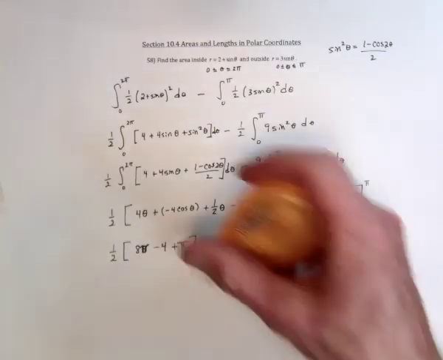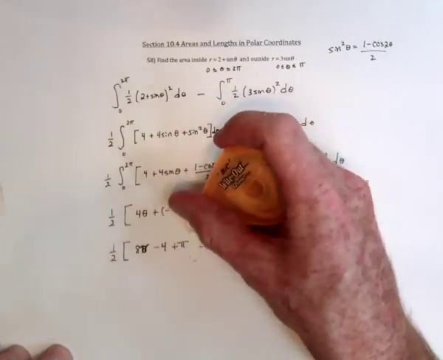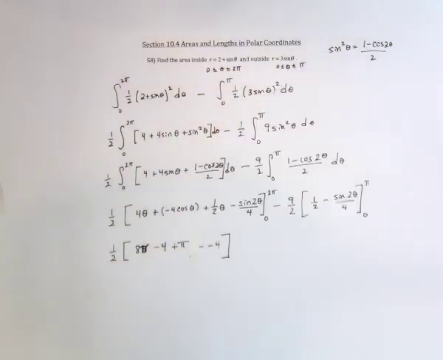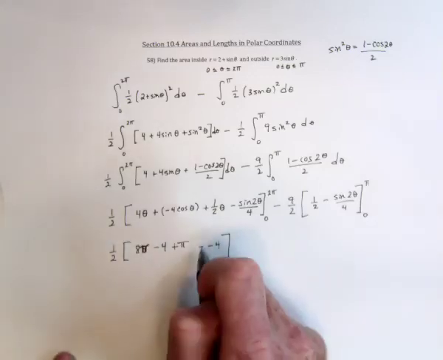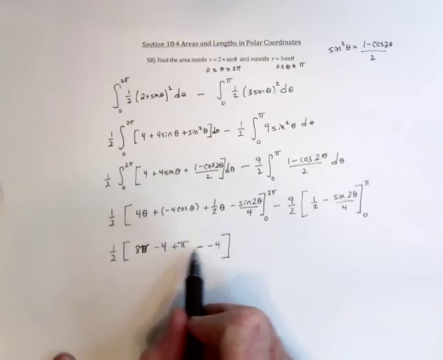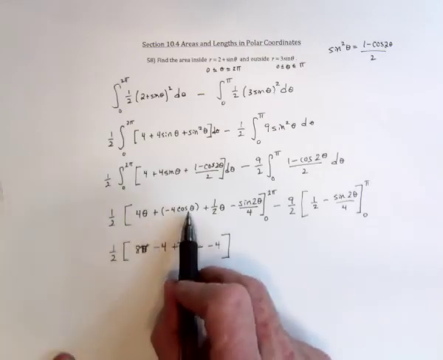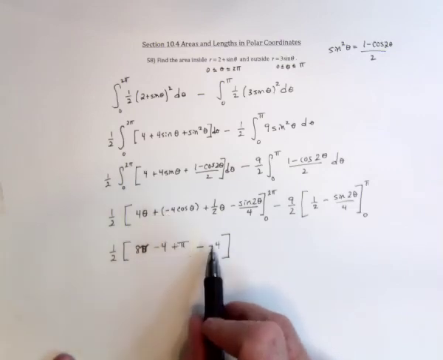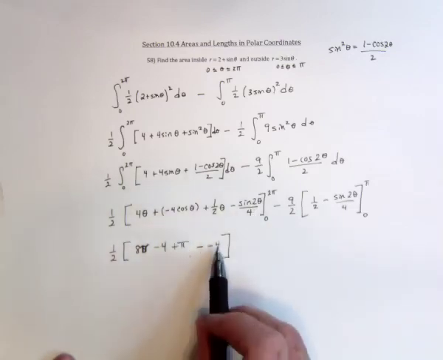So when we substitute the 0, this is 0, cosine of 0 is 1, so this is negative 4, and then this is 0, and this is 0. Oh wow, the 4's are going to cancel.